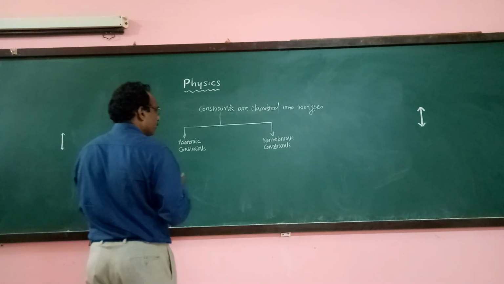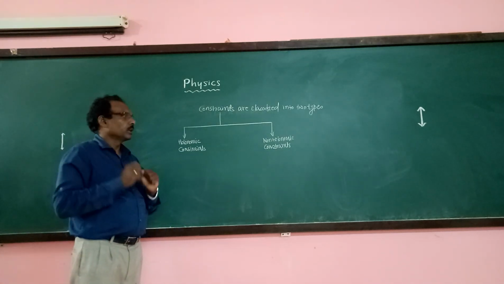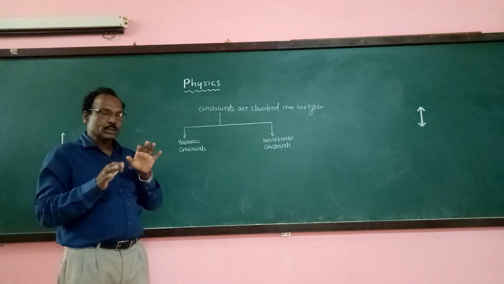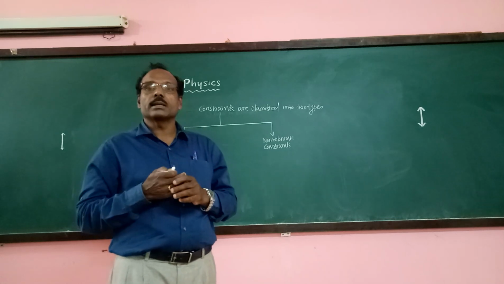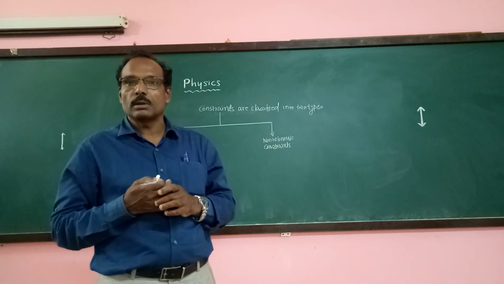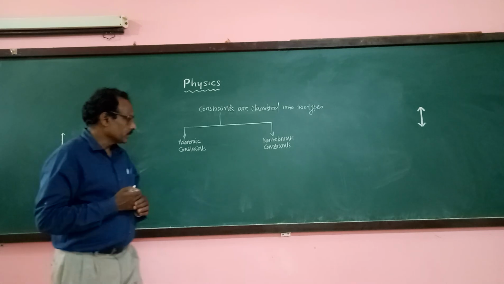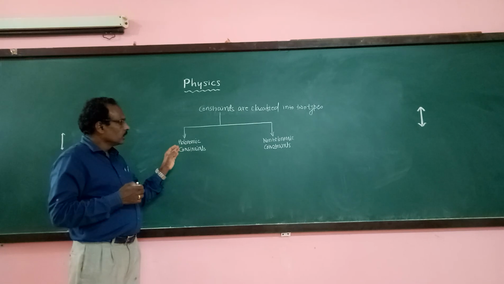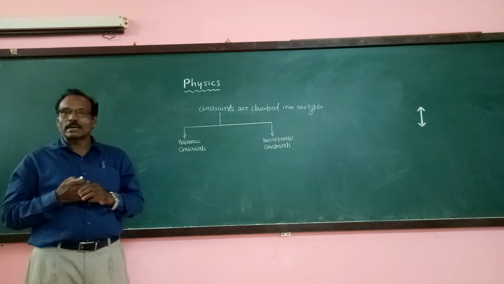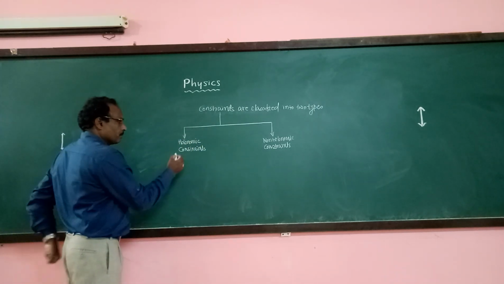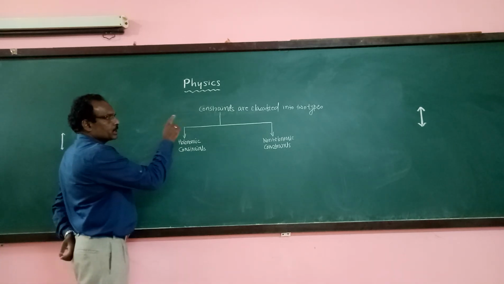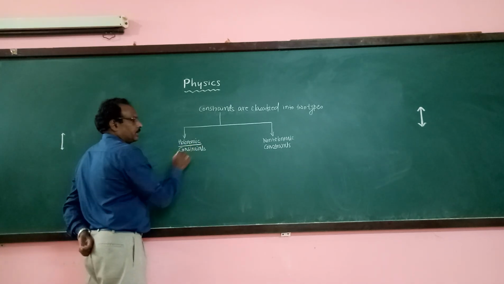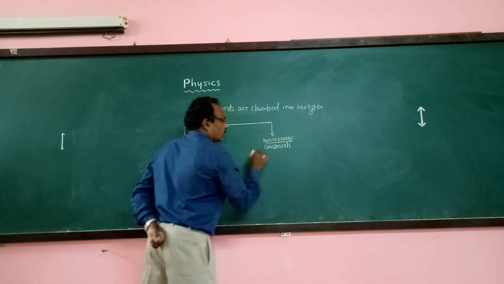Once you eliminate them from your problem of mechanics, you are simplifying what is known as the mathematical description of your problem. Once again, we'll have examples based on holonomic and non-holonomic constraints. Coming back to this, constraints are classified into two types: holonomic constraints and non-holonomic constraints.